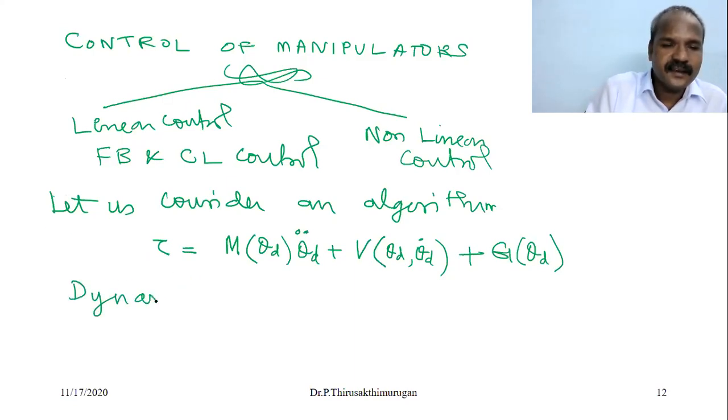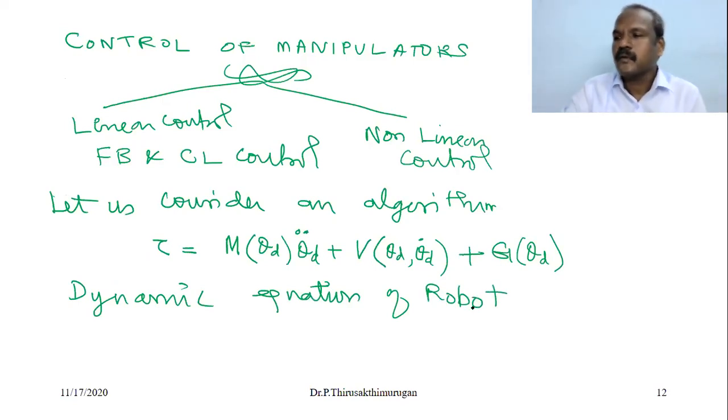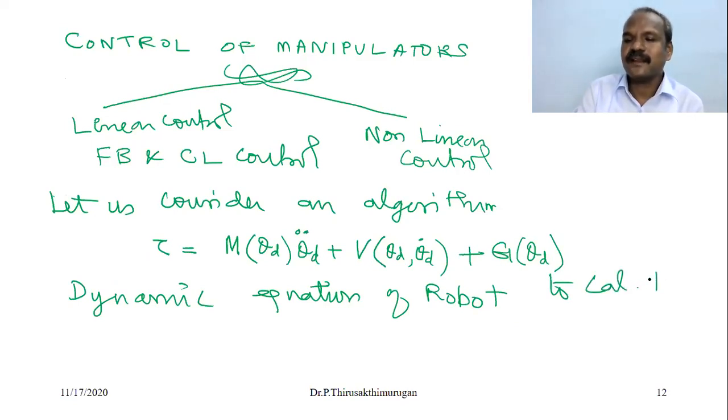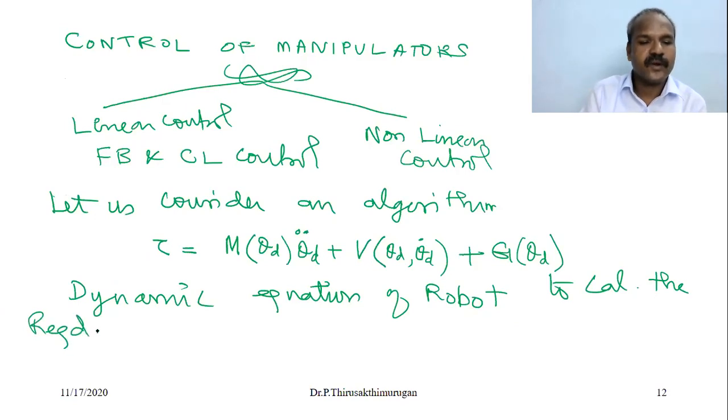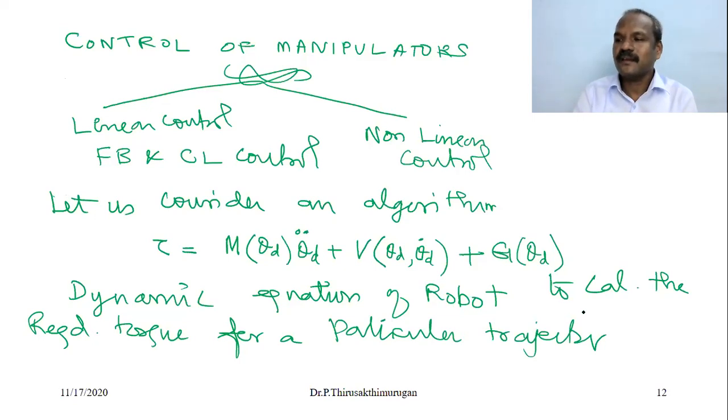This is the dynamic equation of the robot, to calculate the required torques for a particular trajectory.